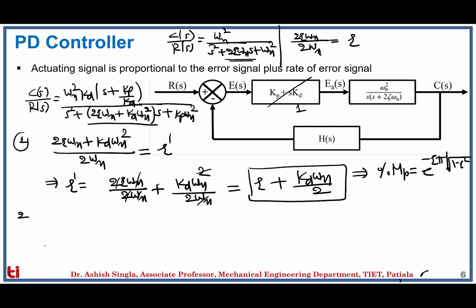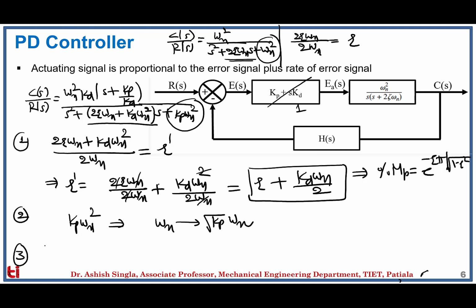So that is the first thing that the PD controller has brought into the system. The second thing is, the original natural frequency of the system is omega n. The modified frequency of the system is equal to kp omega n square, which means the natural frequency of the system has changed from omega n to under root kp omega n. And the third thing is that it has brought a 0 to the system.